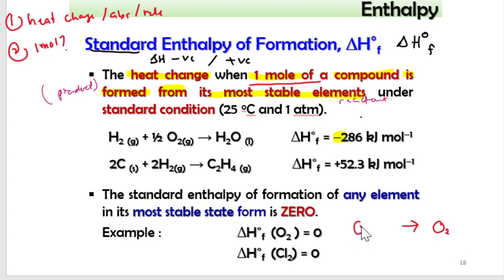So, dia mesti daripada O2 in gas juga. Okay. So, kalau in this case, dia punya enthalpy is 0 lah, sebab it come from its stable state. Sama juga macam Cl2. Stable state-nya adalah Cl2 in gas. So, delta H-nya adalah 0.